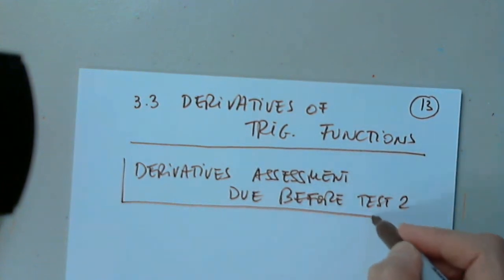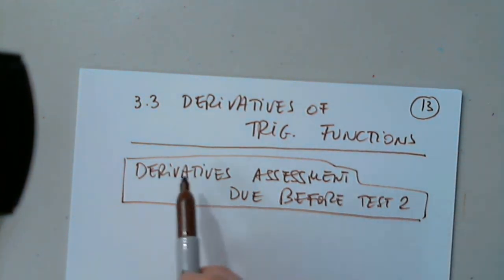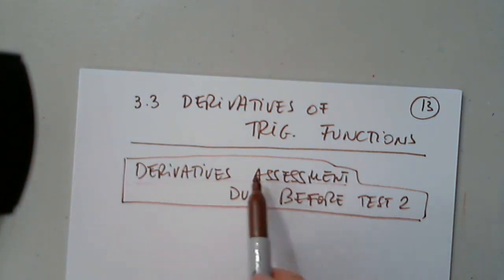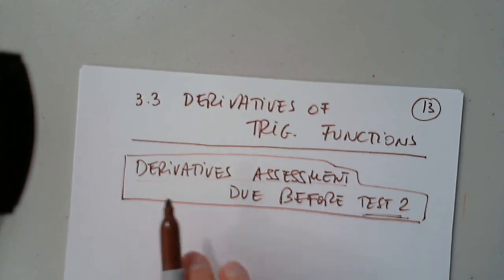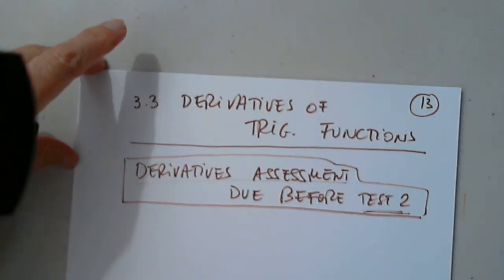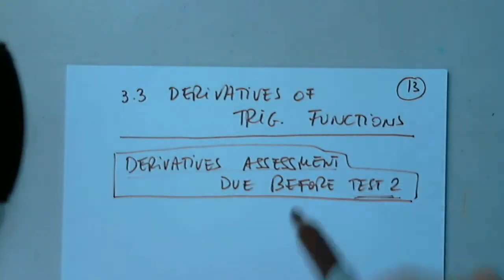No other assessments are due for the rest of the semester, but there is one called derivatives assessment. So please start working on it. It's just 2 pages, 20 points, I think. Start working so you can ask questions of similar problems, okay? So please start working on that.